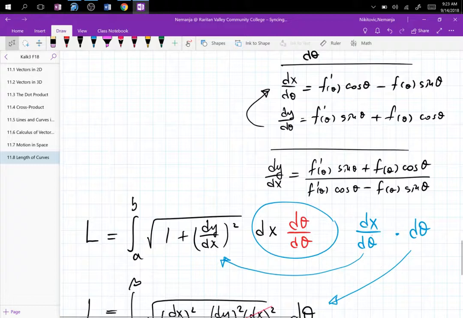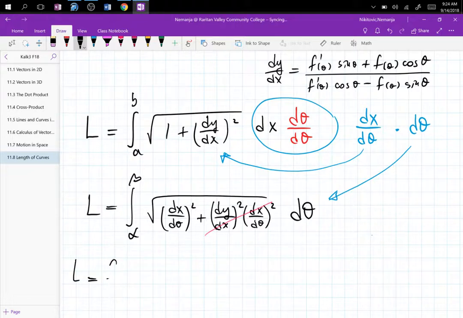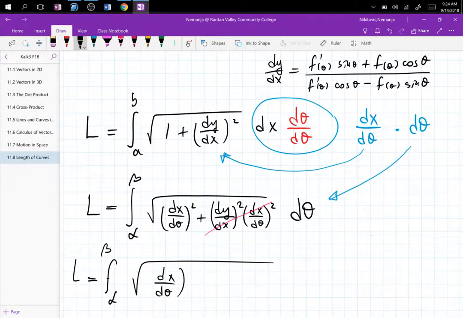Oh, we didn't have to do all of this over here. We didn't have to do the division, because this is all we need, because that's what we have, and we just plug those in. So L is the integral from alpha to beta of the square root of (dx d theta) squared plus (dy d theta) squared, d theta.